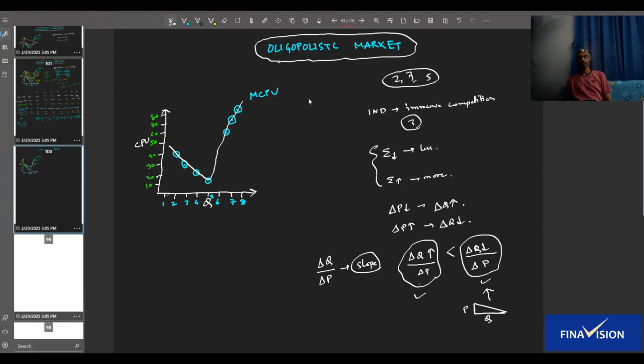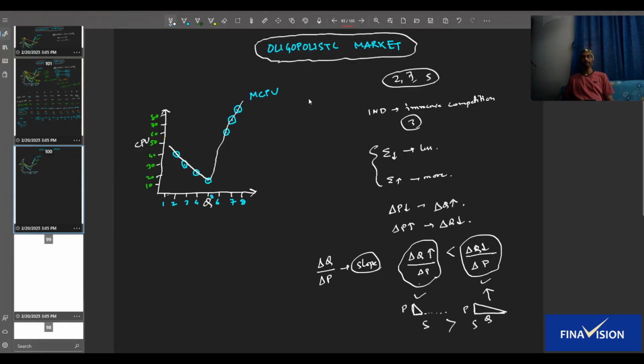Now for this one, again the price change was same. It was this much only. And due to this price change, the demand change was only this much, not this much, unlike this one, but only this much. So the slope here will be much more than the slope here. So we draw the slope, my friends.